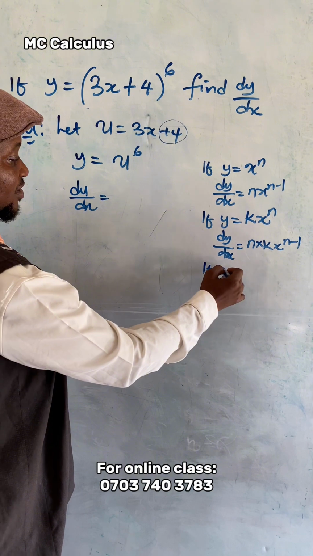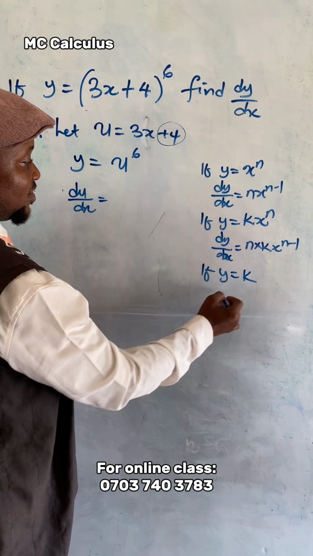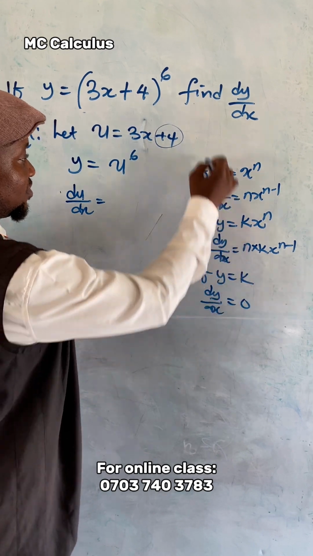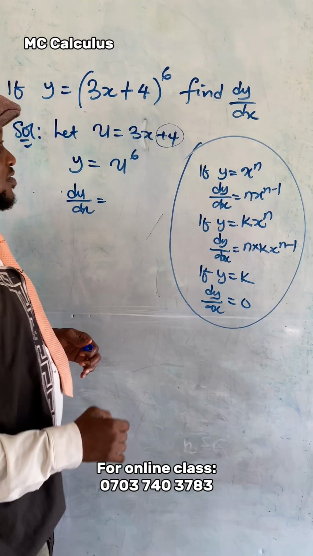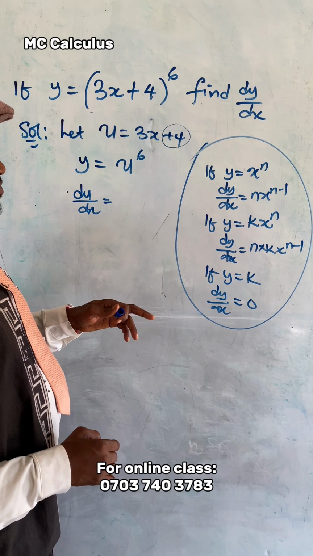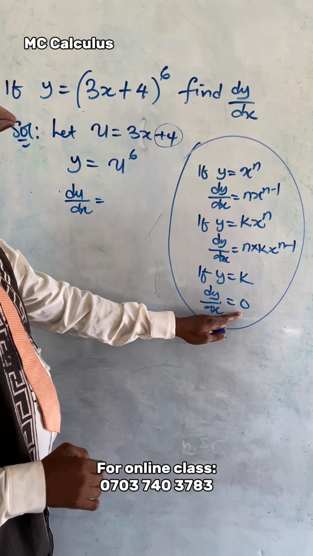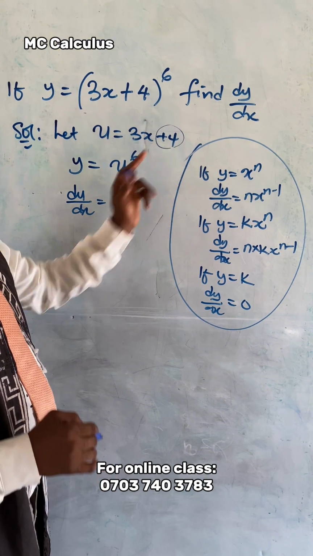And if y equals k, dy/dx equals 0. So these are the rules of differentiation. And so with that, k means 0 if you differentiate. And this is k, so 4 is gone.